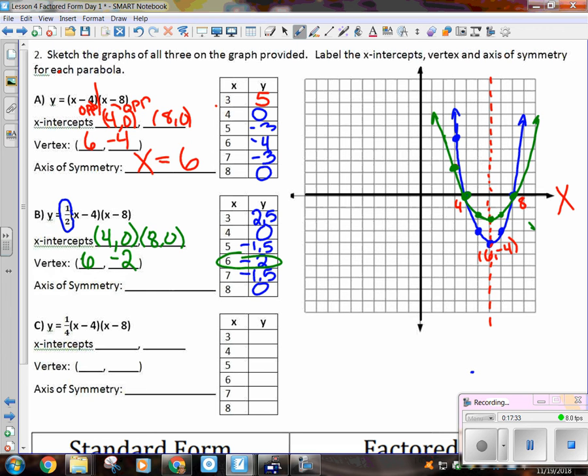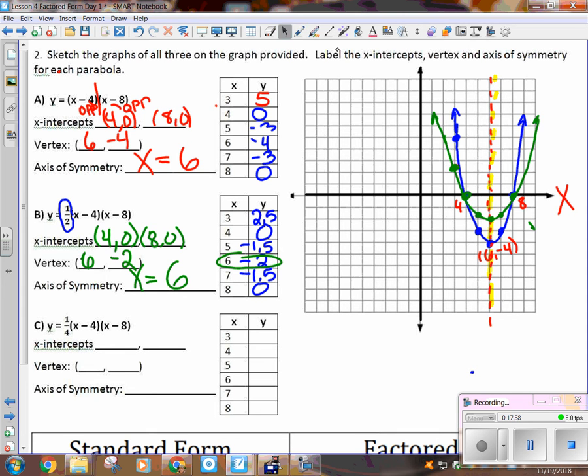If you had to draw a line and fold the green parabola, would the 2 halves meet across 6? So my axis of symmetry is x equals positive 6. It's remaining the same. Are you kind of understanding that some things do change when you change a number, but some things don't?